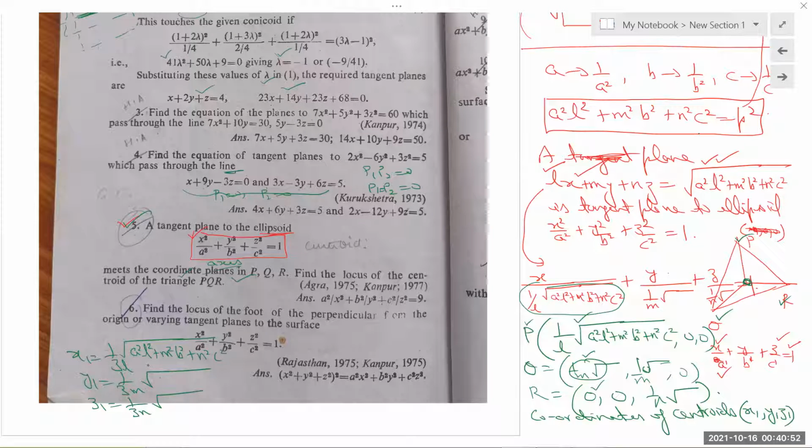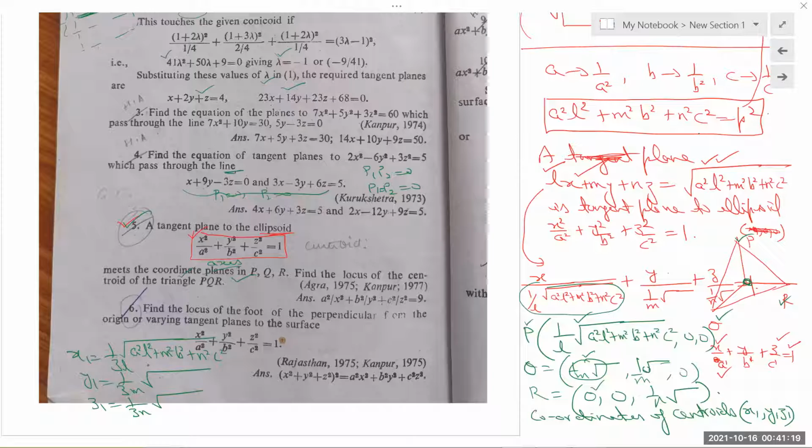So how to find the locus in terms of the known terms? See, x1, y1, z1 is not lying on the central conicoid. This is the coordinates of the centroid, so it is not lying on the surface of the conicoid.